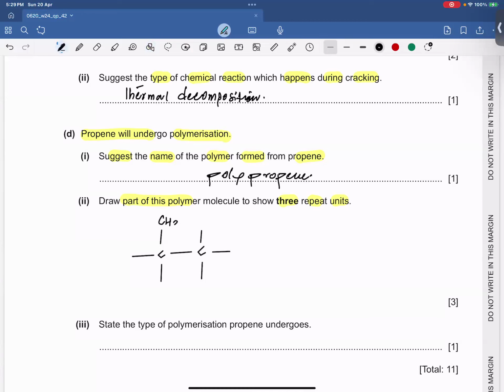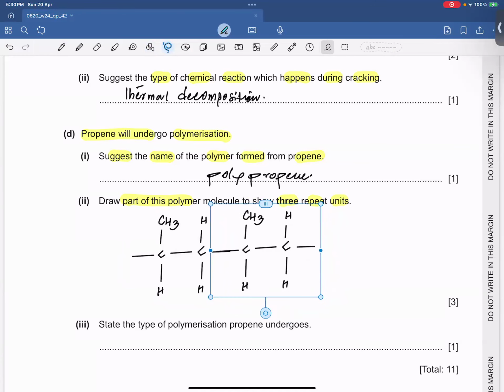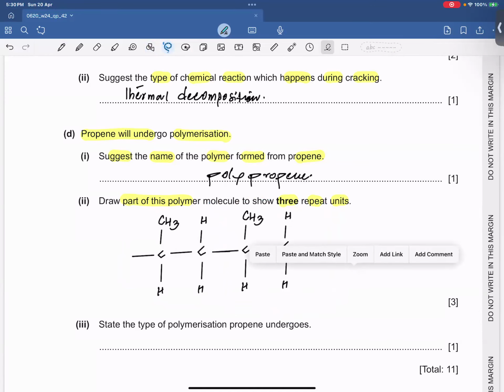This is CH3. This is H. This is H. This is H. This is the first repeating unit. I need to mention 2 more. So this is my second and this is my third.